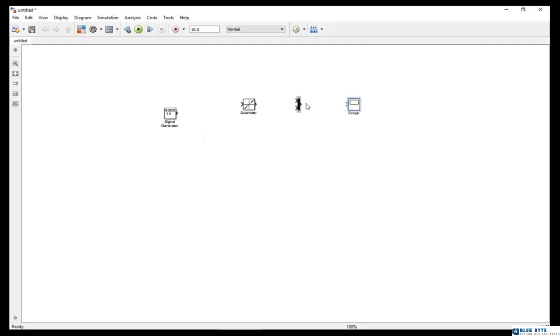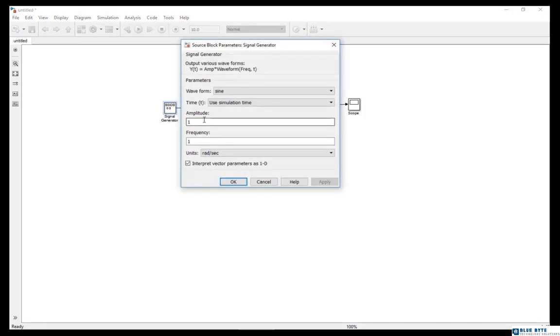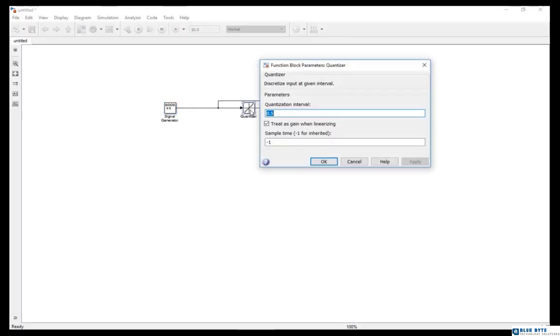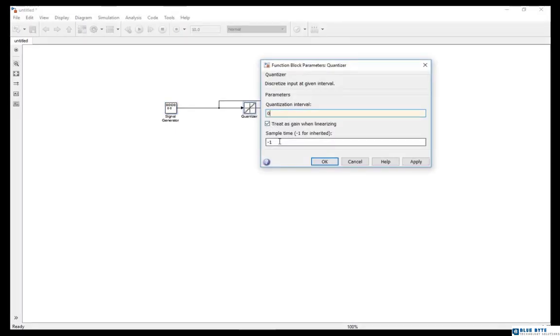I connect it here and this one here. In the signal generator, I set the wave form parameter to sine and set its frequency to 0.25 Hz. In the quantizer block, I set the quantization interval to 0.25 and then run the Simulink.